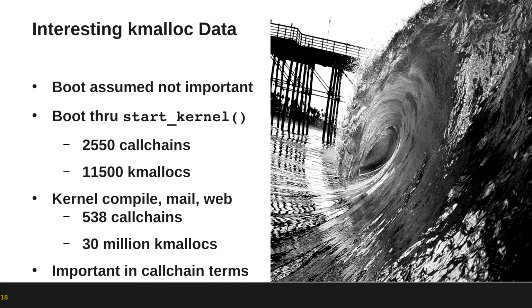But when I actually did the early hash triggers and looked at the data, I saw 2,500 different allocators through just start_kernel.